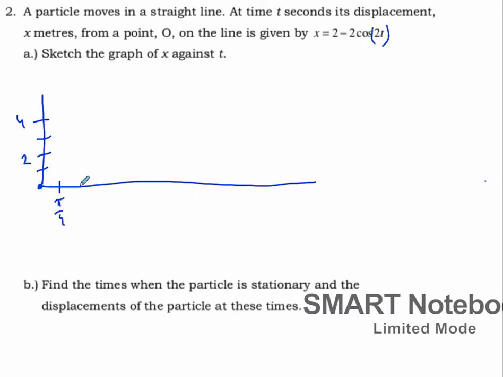Pi over 4, 2 pi over 4, which is pi over 2, 3 pi over 4, and then pi. So let's look at what happens at pi seconds. When we have pi seconds, we have 2 pi, so cosine is again equal to 1, so we'll be back down here again, right? And in between there, we'll have a maximum. And the inflection point is going to be right there.